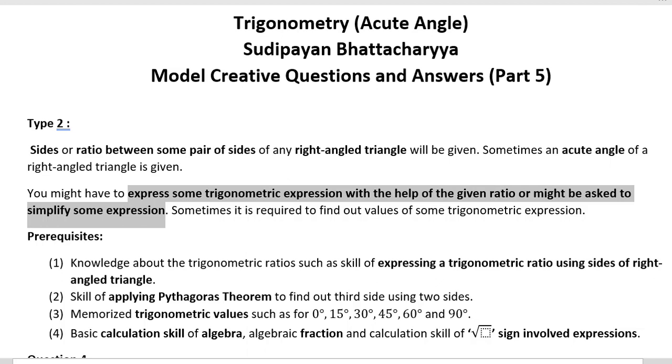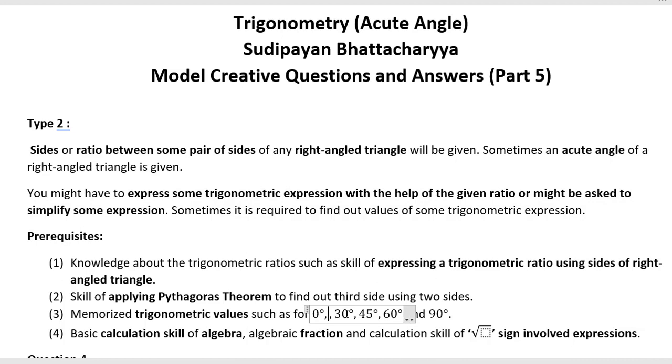And then you have to memorize the trigonometric values, such as for 0 degree, 15 degree, not 15 degree, you don't need to memorize 15 degree. You have to learn 0 degree, 30 degree, 45 degree, 60 degree and 90 degree.